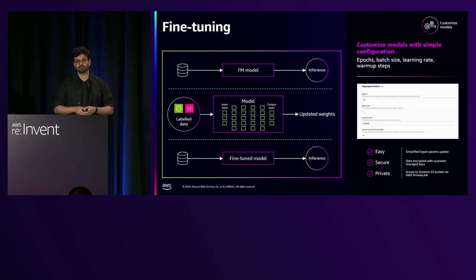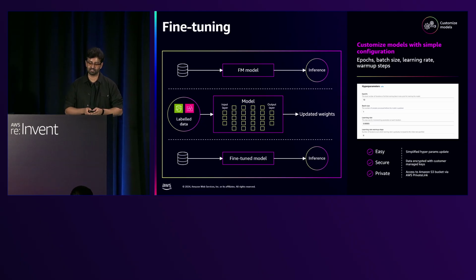And these are all well documented. The takeaway is that the fine-tuning capability on Bedrock keeps it really simple, right? So you don't have to worry about setting up your frameworks, setting up your instances, SSHing into it, and then managing a cluster. So it's select a model, make sure your data set is in the right format, and then use the right APIs to get your fine-tuning started.